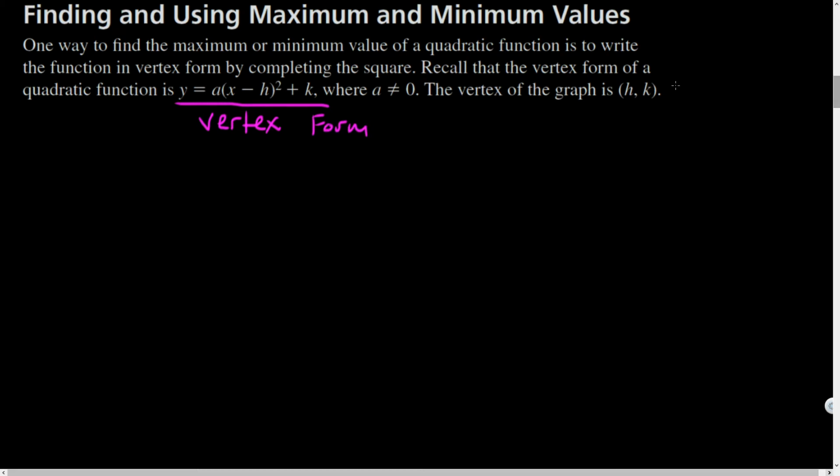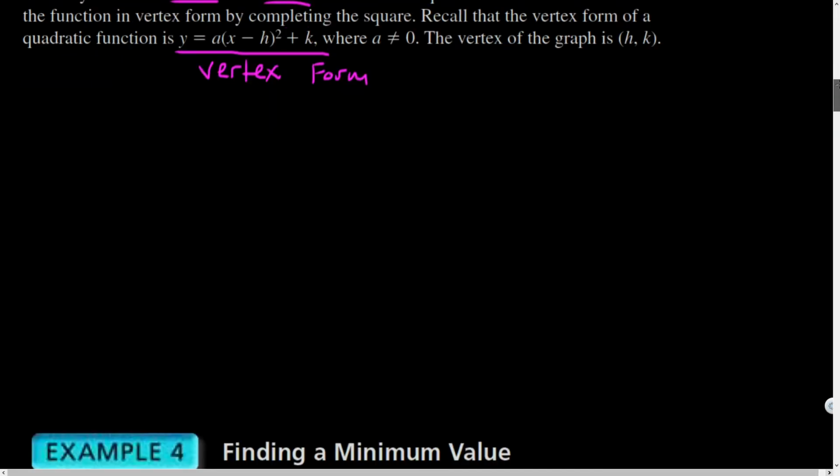And so we're going to use that and then find the vertex, just pulling from the h and the k, and we'll know that k is the max or min. If the parabola opens up, it'll be a minimum, and if it opens down, it'll be a maximum.